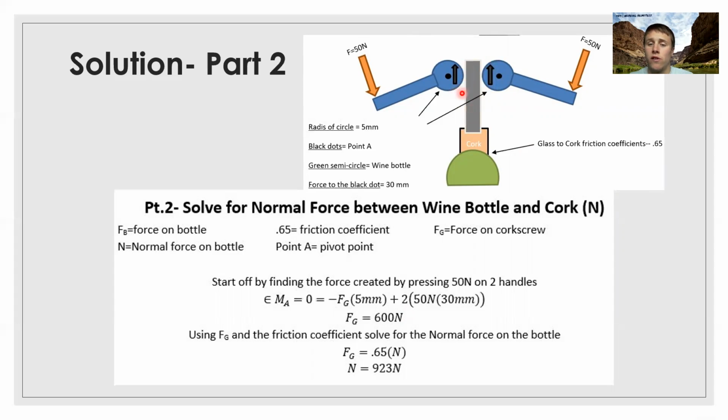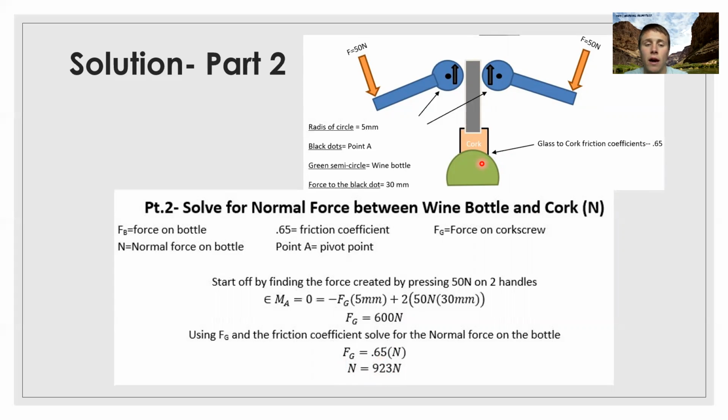But because the force is pulling it up, our friction is going down, so that's why we need a negative over here. So the force of friction between the bottle and the cork is 600 newtons. Given this 600 newtons, we would plug it in down below here and divide by 0.65 to get 923 newtons, which is what the bottle is pressing in on the cork.